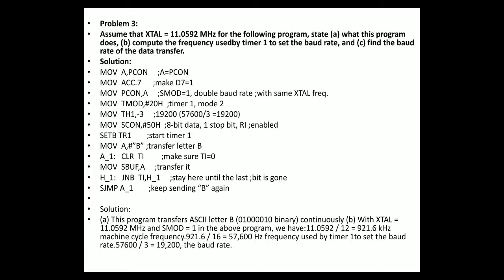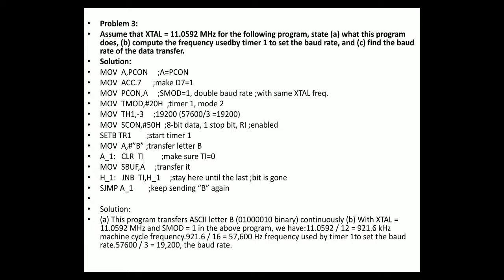I should keep on sending this, so SJMP A_1. Go back to the label, clear the TI, and move the same content back to SBUF. So you are continuously sending the letter B. So the first answer to this problem is that you are continuously sending the letter B to the outside serial device.